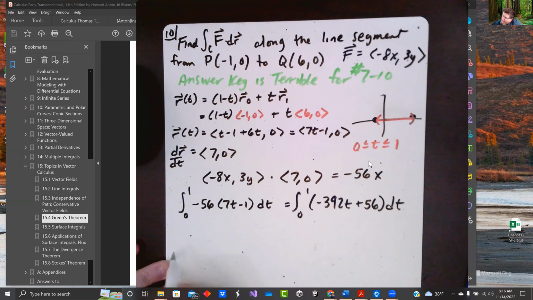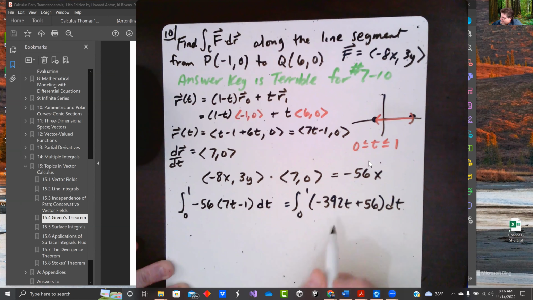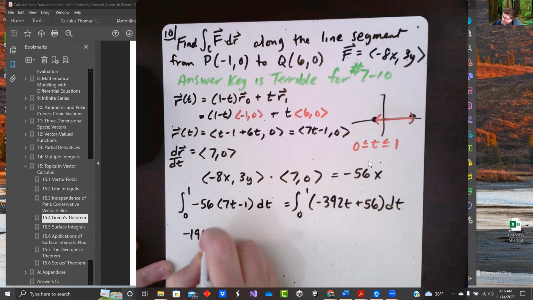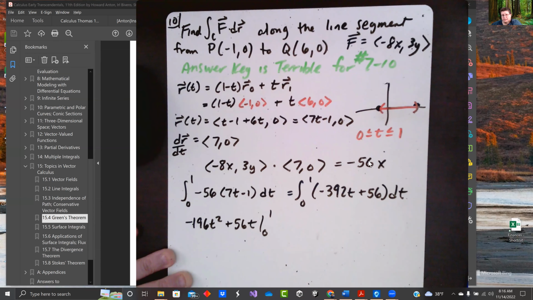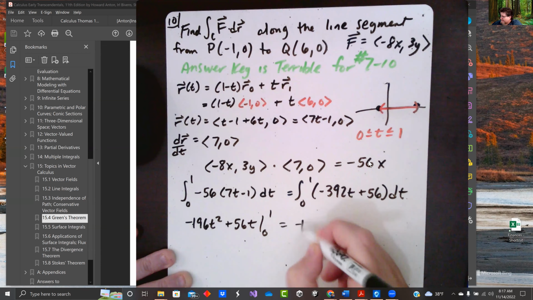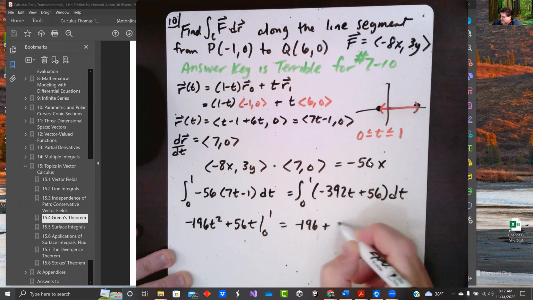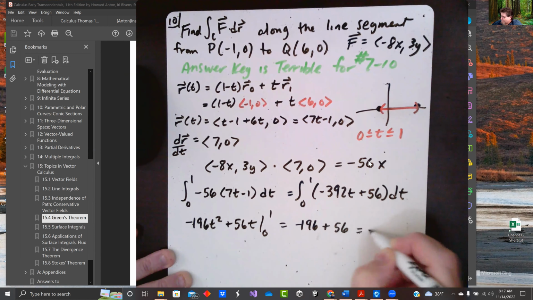That number divided by 2 is 196, so negative 196 t squared plus 56t, evaluated from 0 to 1. Negative 196 plus 56 is negative 140.